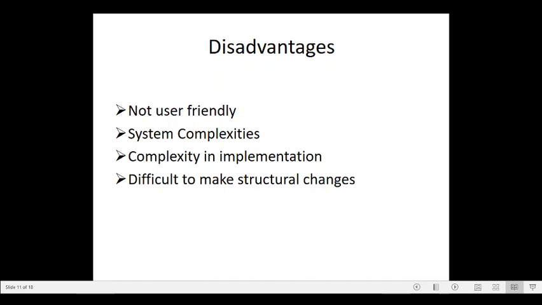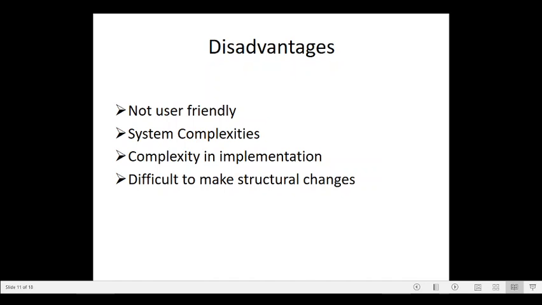So the design of the network model itself is not user friendly, and it also suffers from system complexities. All records are maintained using pointers, so the whole database structure becomes very complex. Then in the network model, there is difficulty in making structural changes, resulting in absence of structural independence.